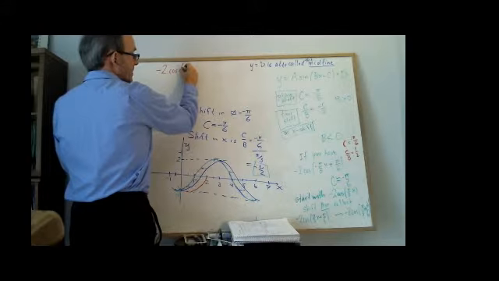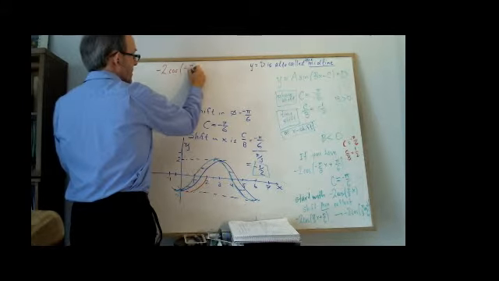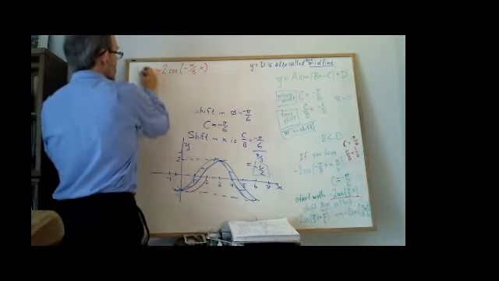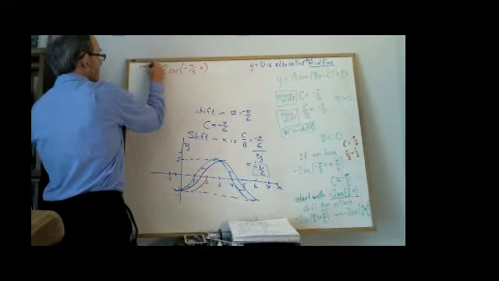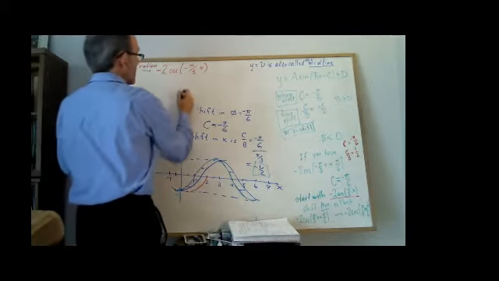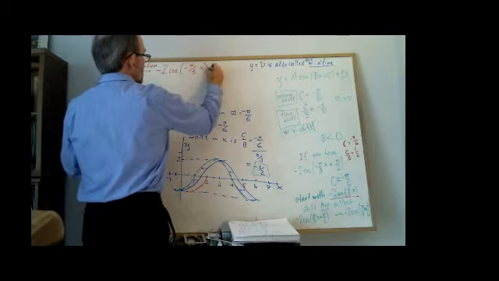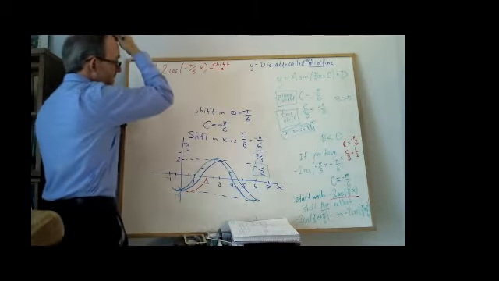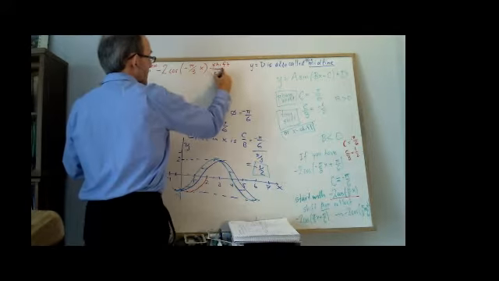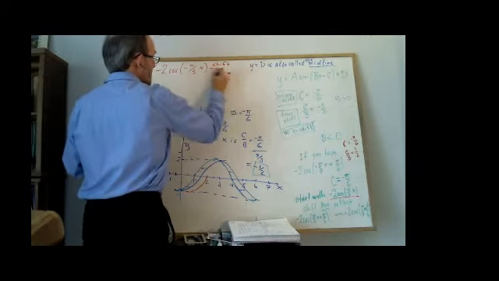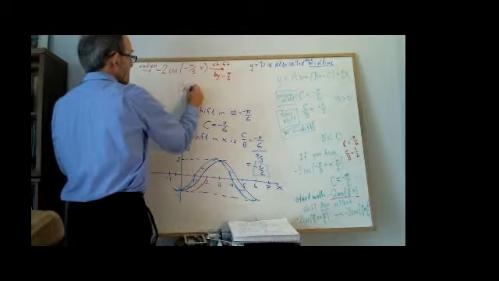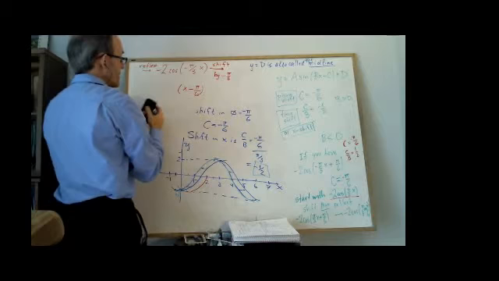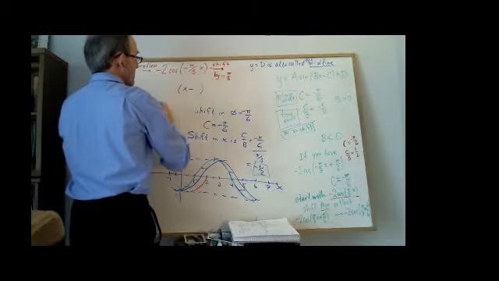So first reflecting from this one gives you this. And then you shift. But now you have to shift in what direction? You have to shift by minus pi over 6, because that's what you put in with the x. You replace x by x minus 1 over 2.